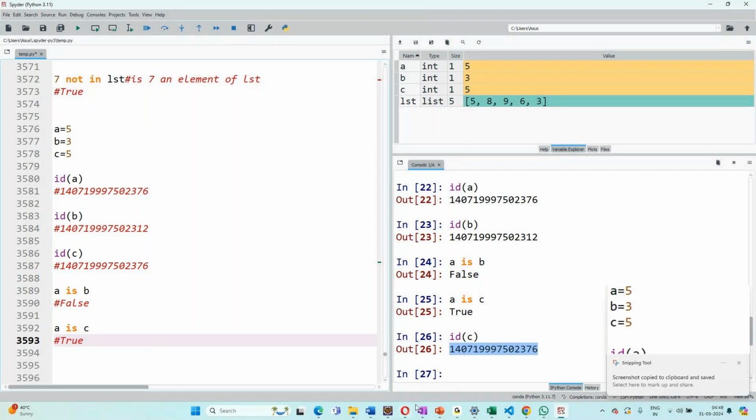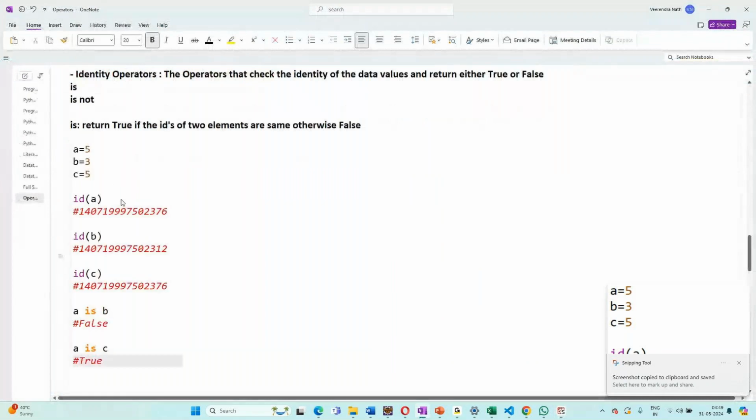The is not operator is exactly the opposite of is.